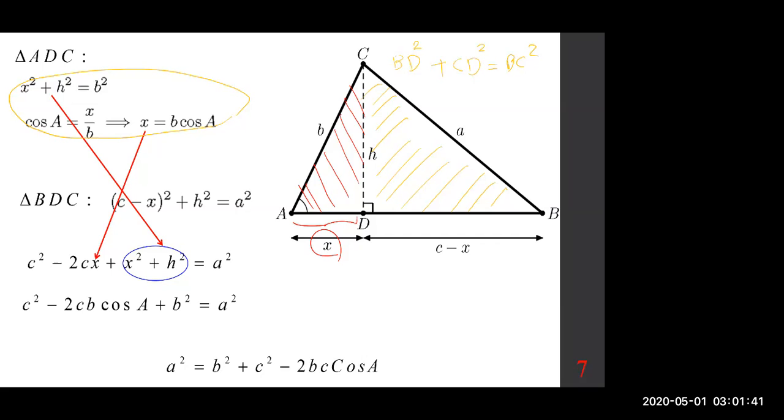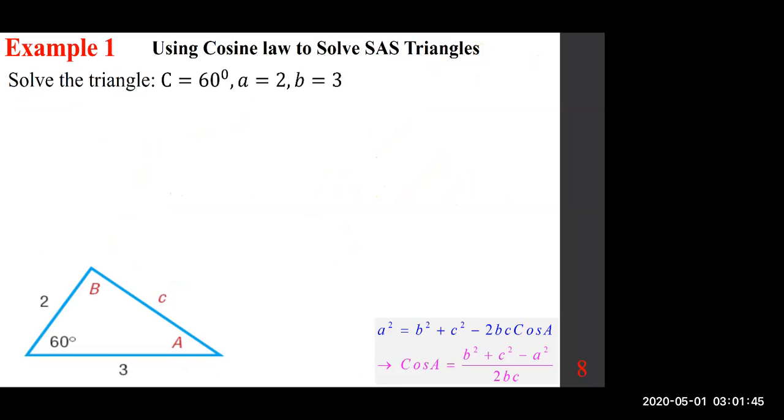Here's an example of that. So we are given the following. A is given as 2.